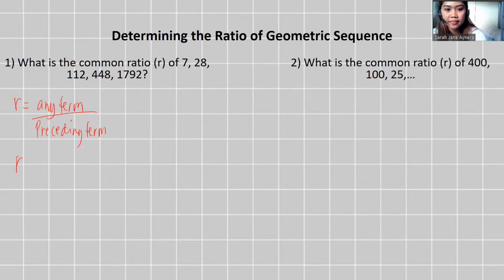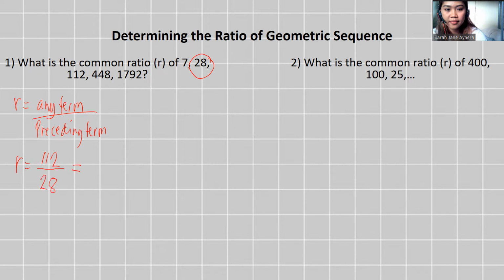To get r, we can choose any term of this geometric sequence, say for example, 112 divided by its preceding term. The preceding term, or the number before 112, is 28. So we divide this by 28 to get the common ratio.